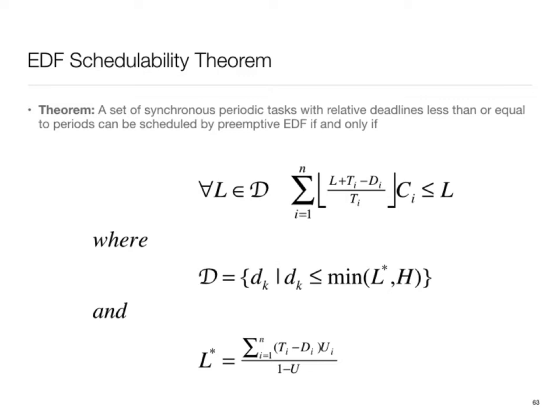You enumerate all the absolute deadlines that occur for values less than or equal to L star, which is very easy to compute, and H, which is the LCM, so the smaller of the two, and within that only at these particular values. And L star is just a simple algebraic equation. So this continuous expression, which was over all time greater than or equal to 0, is now reduced to just a set of finite checks.